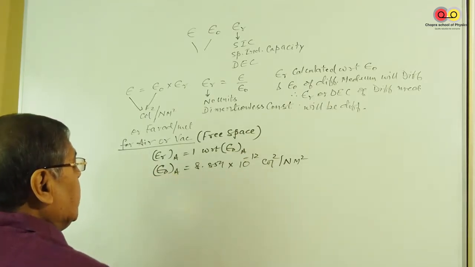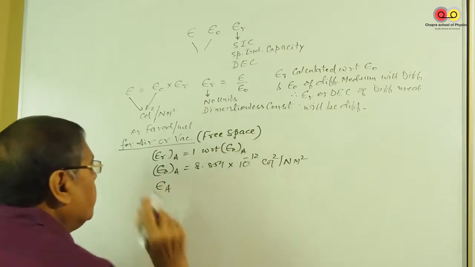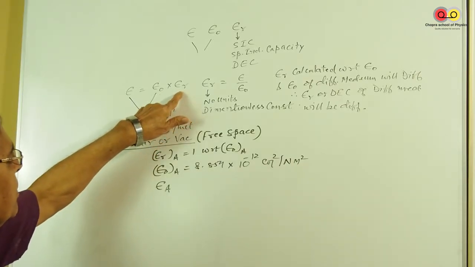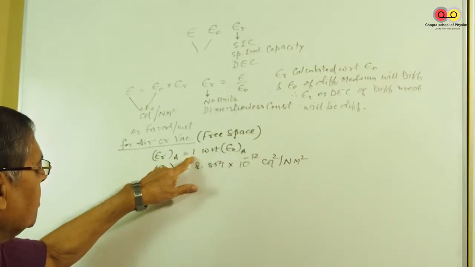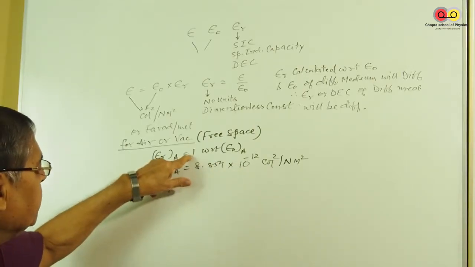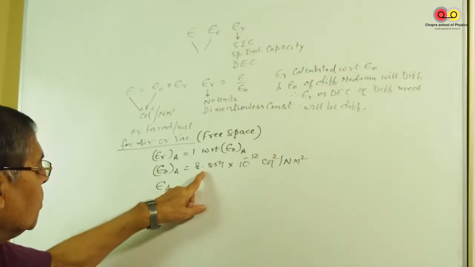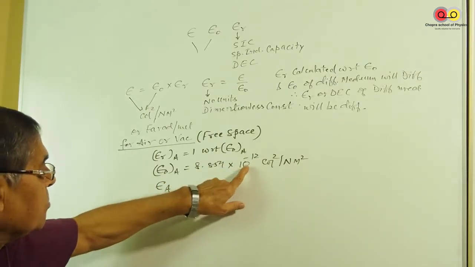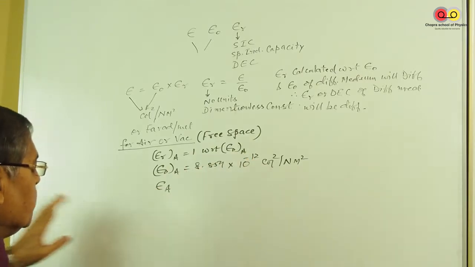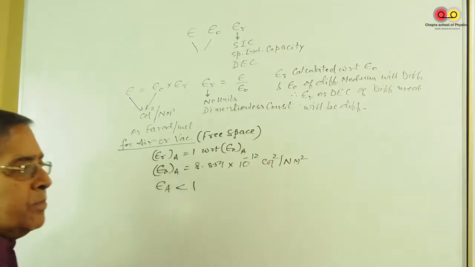Now what is the permittivity of air? What is the formula of permittivity? The product of the two numbers. If you multiply this number by 1, you will again get the same number. And if you observe this number, it is of the order of 10 to the power minus 12. Obviously, the permittivity of air is less than 1.